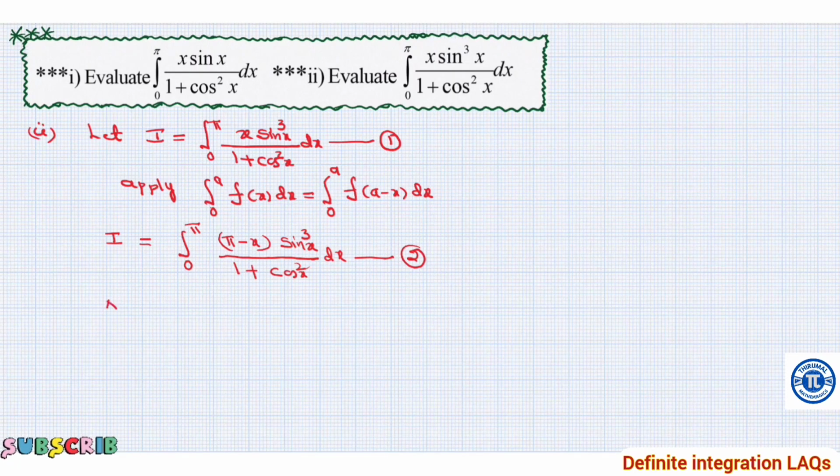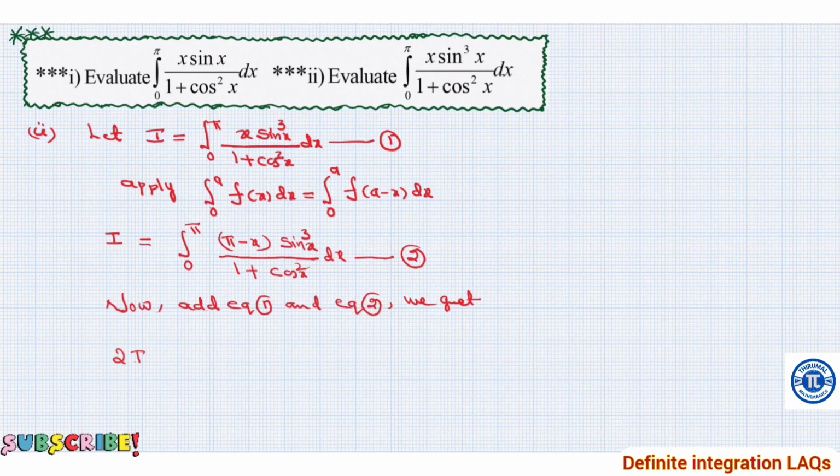Now add equation number 1 and 2. On the left side, I plus I is 2I, equal to the integral from 0 to pi. The denominators of both equations are the same, so we get 1 plus cos²x. In the numerator, sin³x is a common term.